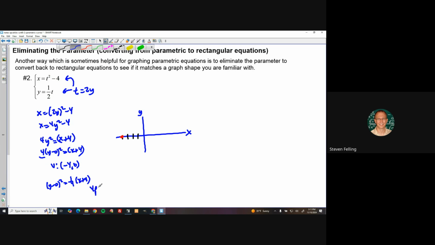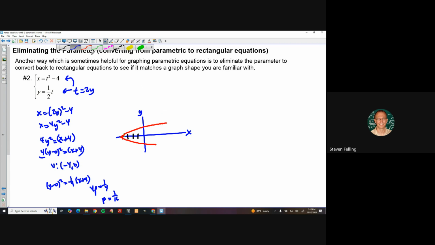And 4p is equal to that 1/4, which means p would be 1/16, right? P would be 1/16. And that means that we would go from here. Now it's going to be hard to sketch this way, but you could go 1/16 this direction, 1/16 this direction, and then twice that much in this direction and this direction to get the other two spots. So we could graph the parabola like this. So we know it's that shape, right?